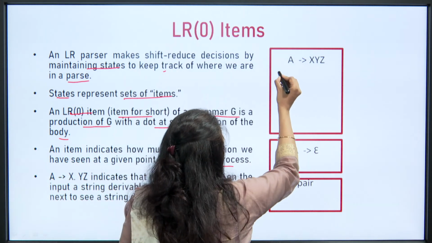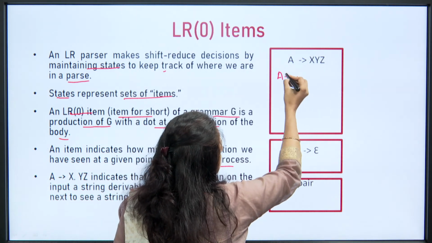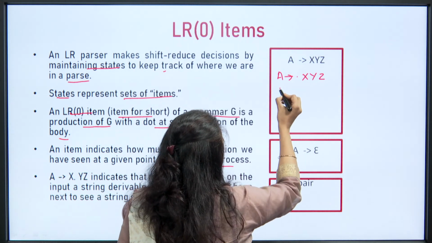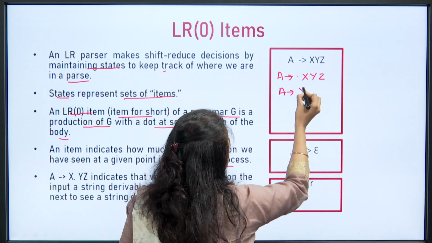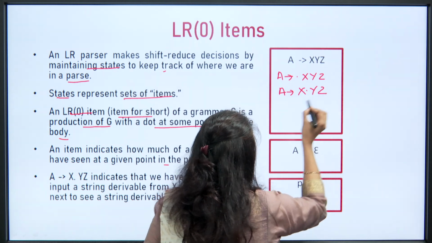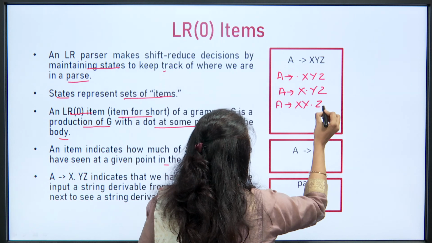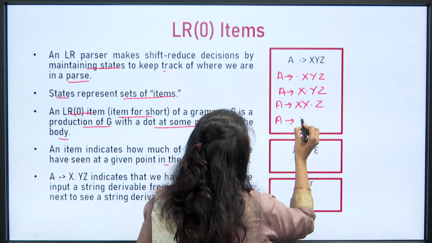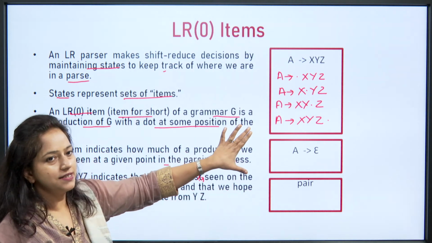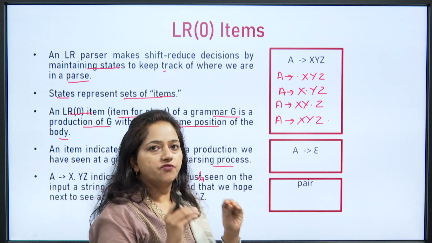If the dot is at the start, we have A → .XYZ. The next possibility is if the dot is just after X: A → X.YZ. Next is A → XY.Z, and next is A → XYZ. with the dot at the end. So, these are the 4 possibilities of LR(0) items for this particular production. So, what is an LR(0) item?